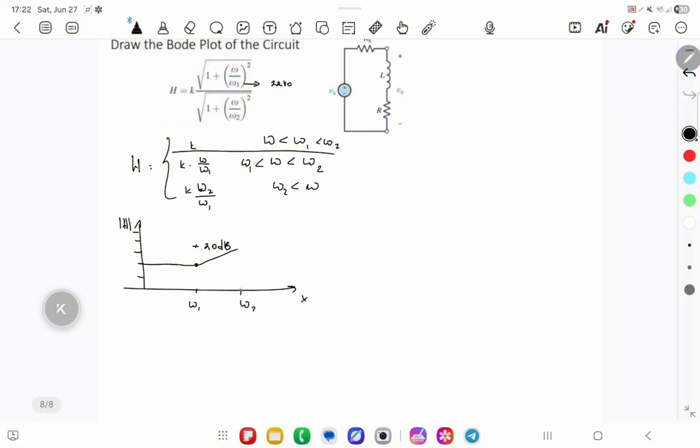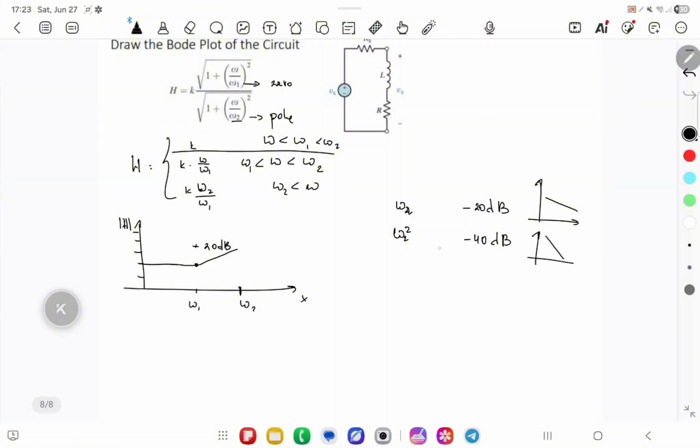So here is another important point. Here we observe what happens to our function. As we see, this is nothing else but a pole, and there is only one pole at this particular frequency. It follows the same logic, but with the opposite sign. So whenever we have one pole, it leads to minus 20 dB. Something like this. If we have two poles, so omega 2 to the power of 2, it will decrease by minus 40 dB.